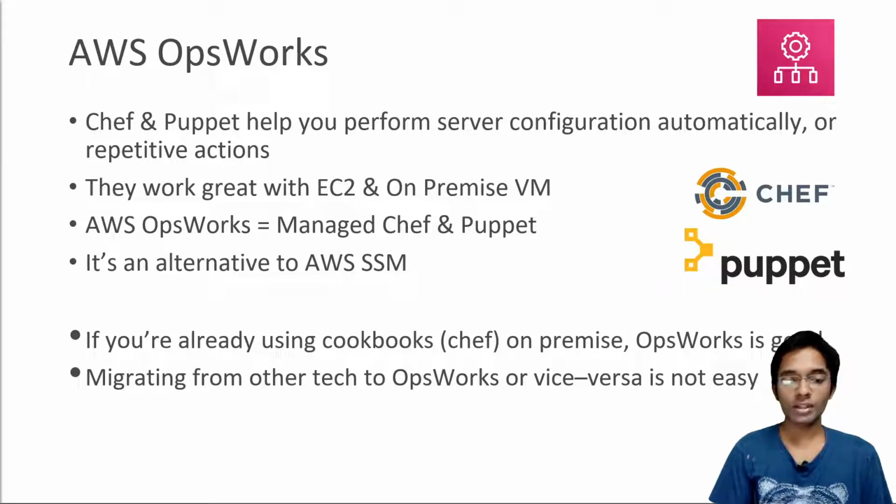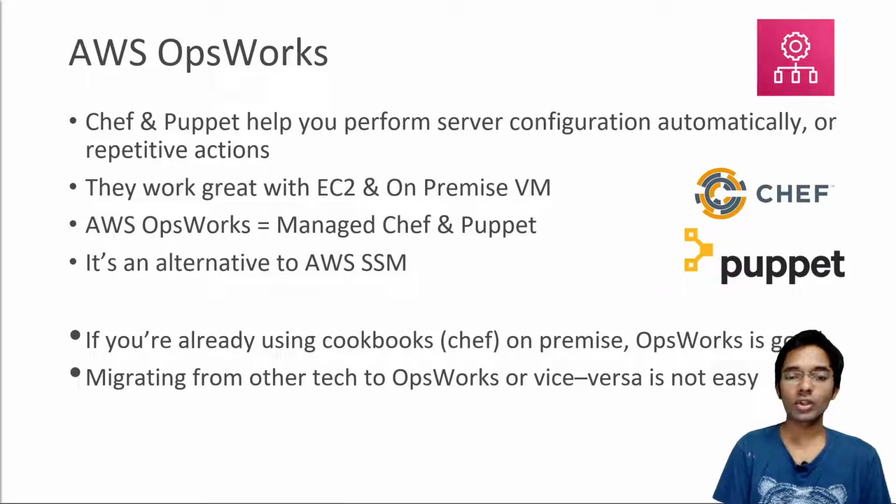So if your company has Chef and Puppet on-premise and wants to migrate to the cloud, then OpsWorks is a natural fit because OpsWorks is managed Chef and Puppet servers. It's similar to what SSM can do in terms of automation, but OpsWorks is going to respect the more open source nature of Chef and Puppet.